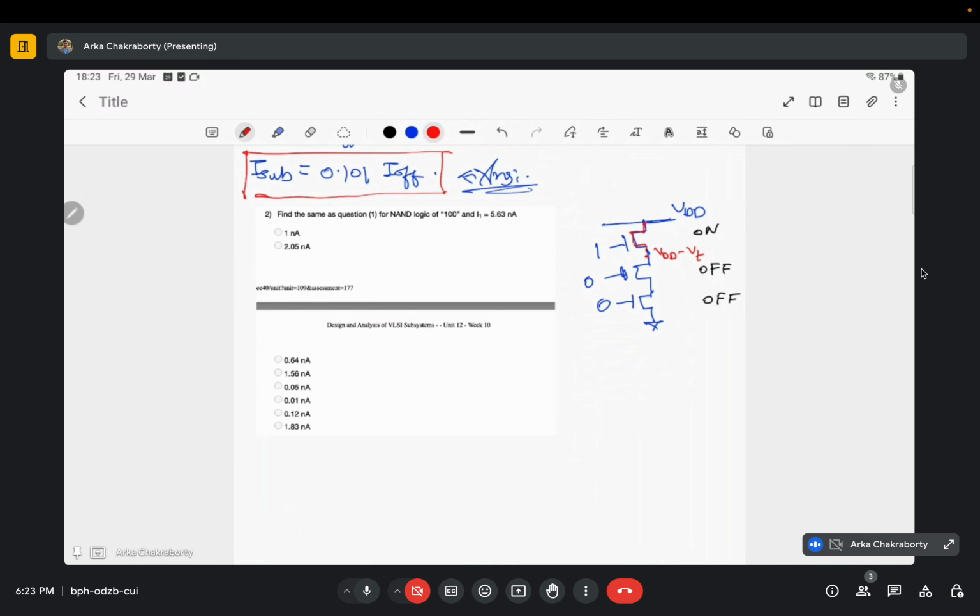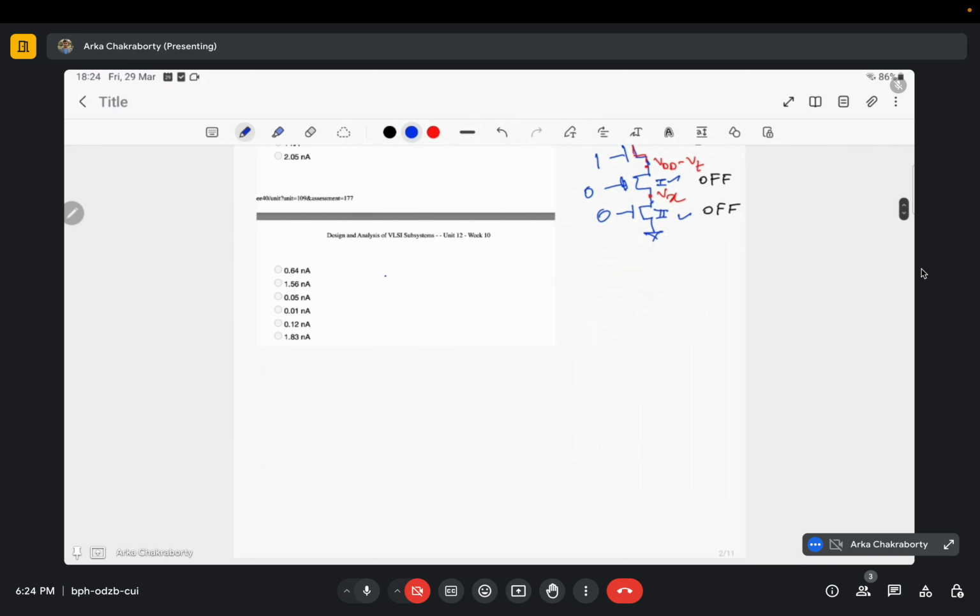So this voltage will be VDD minus VT, and as these two transistors are off, because some subthreshold current will flow, some small amount of voltage drop will be there, so let me call this voltage at this node Vx. Again I'll get two equations now, one for this transistor and one for that. Let me call this transistor 1 and this transistor 2.